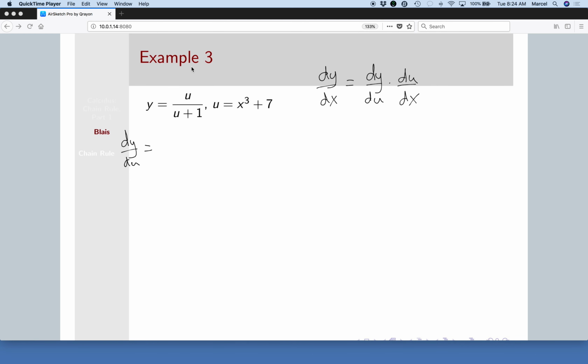And so remember, that means we have the denominator times the derivative of the numerator minus the numerator times the derivative of the denominator all over the denominator squared. And notice this should simplify it because we have a u plus 1 minus u. So this becomes 1 over the quantity u plus 1 squared.